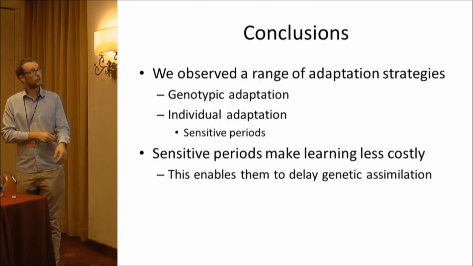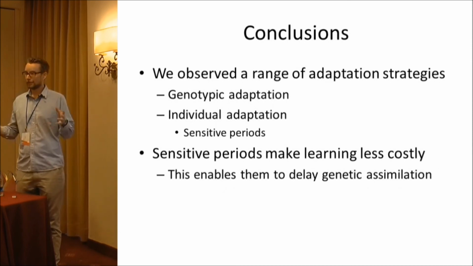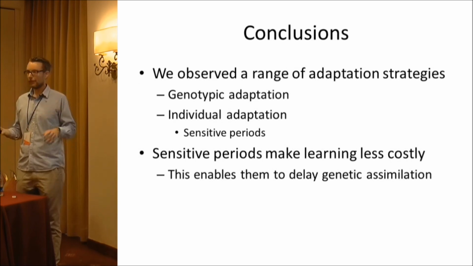So, to conclude, we studied learning across a range of environmental change and saw strategies evolve, 4 strategies really, or 3 maybe. On the edges, no learning. In between, we saw learning, both in the form of sensitive periods and in the form of constant learning throughout life.